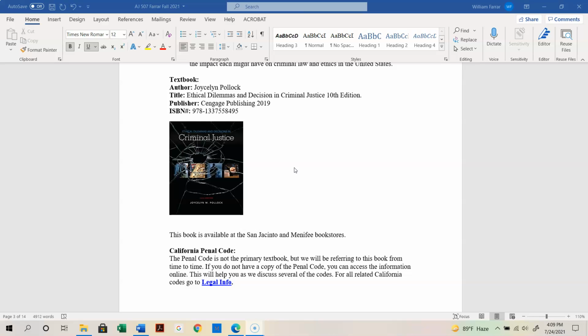So, to help fill the gap, having that textbook will allow you to fill in some of the blanks and really help add some context to a lot of the discussions we're going to have. So there's my quick spiel on the book. I would highly recommend that you obtain the textbook.